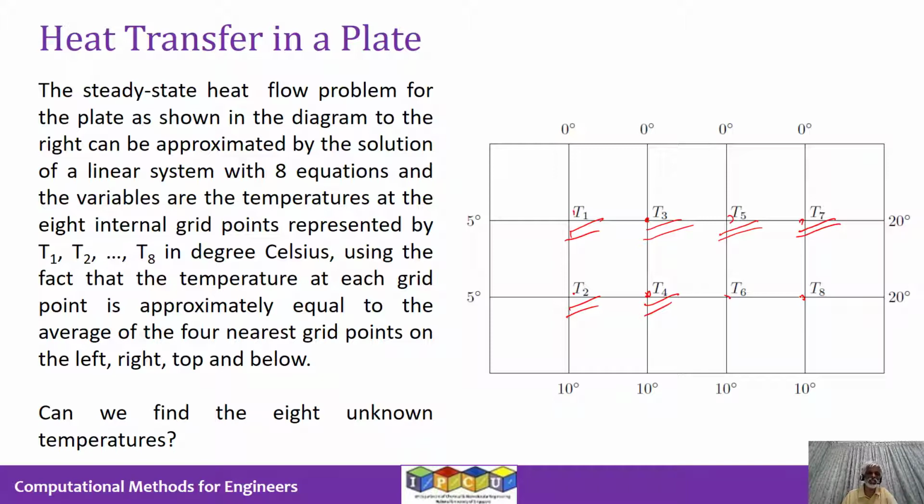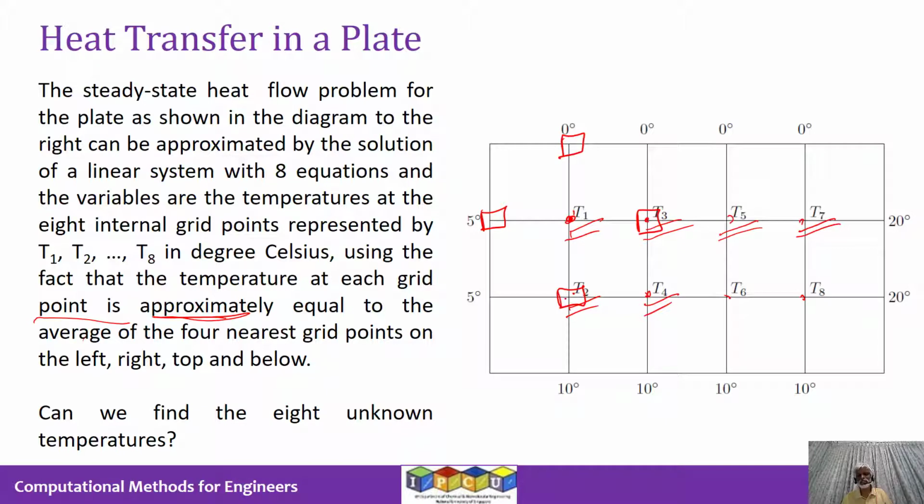Basically, a simple model which we can derive is that at each grid point, the temperature is approximately equal to the average of the 4 nearest grid points on the left, right, top, and below. So the temperature T1 is going to be the average of this temperature, this temperature, this temperature, and this temperature. You look at the 4 nearest neighbors.